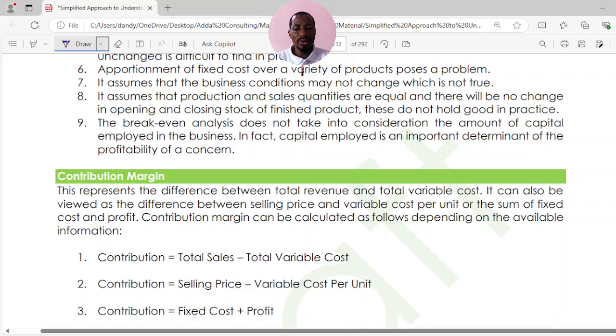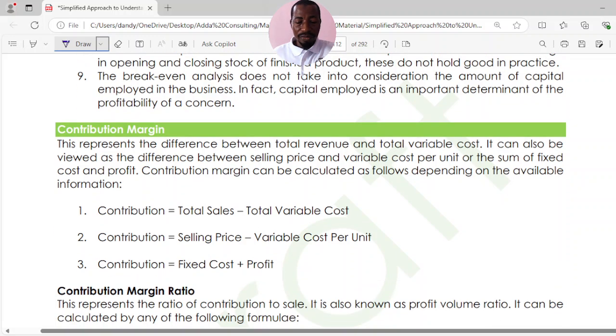Therefore, how do you calculate contribution margin per unit? Contribution margin per unit is computed as total sales minus total variable cost, then divided by number of units. That will give us contribution margin per unit.